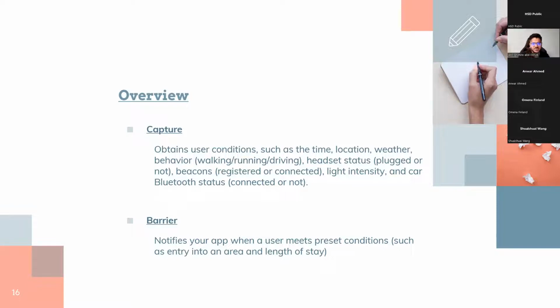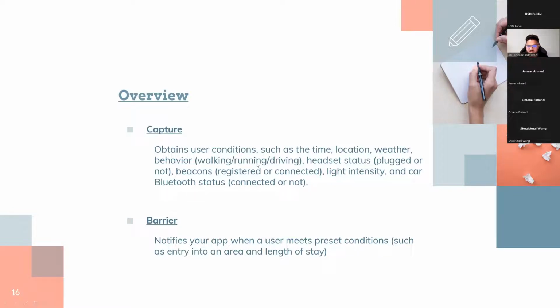So when the device notifies you of such conditions, you can use it to give some action to the users. For example, when the user is detected walking or running, you can start collecting their activity record within that time, and then provide this information later for the user.